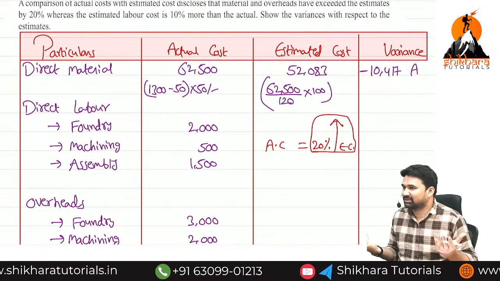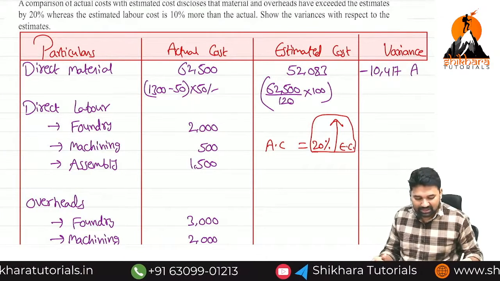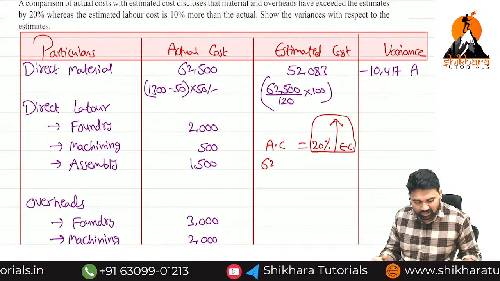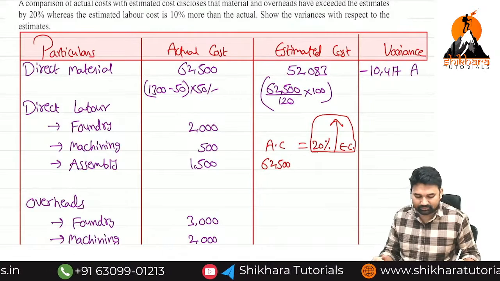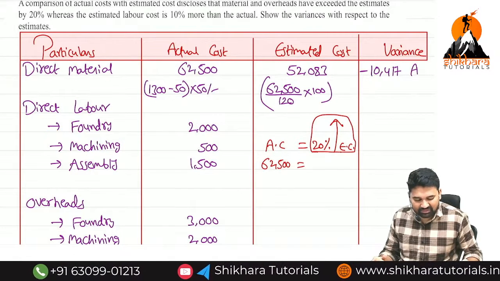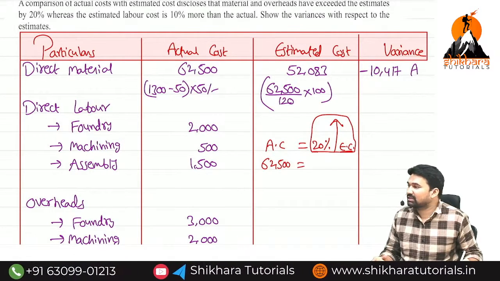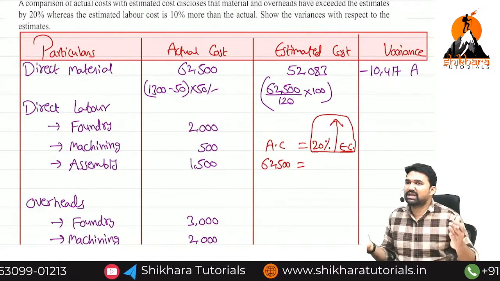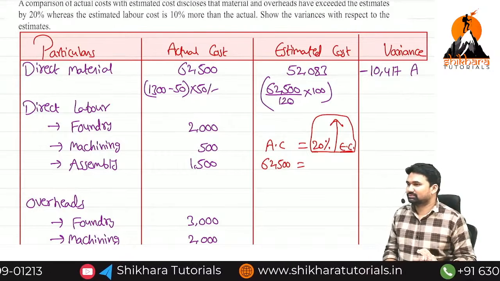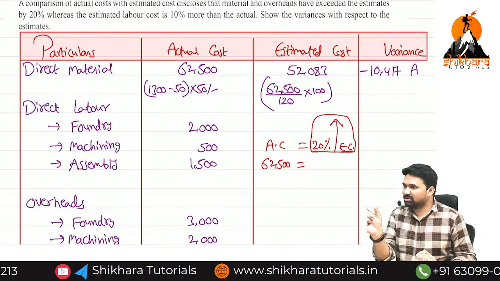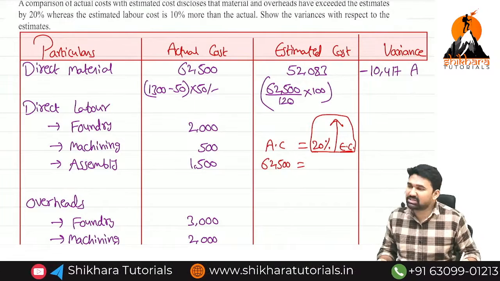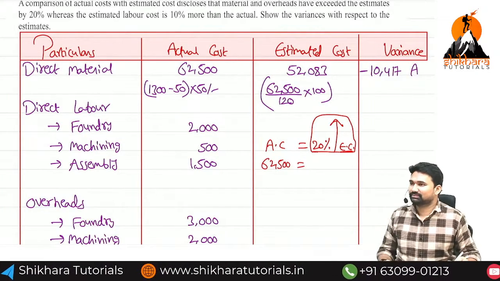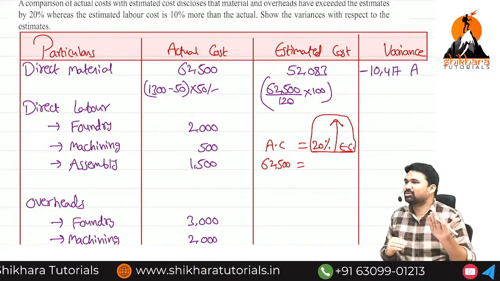We don't know anything else. Say for example, the actual cost we know is 62,500. If the estimated cost is 100, we don't know, that is why we are assuming it as 100, and it is 20 percent more, then 20 percent on 100 is 20.